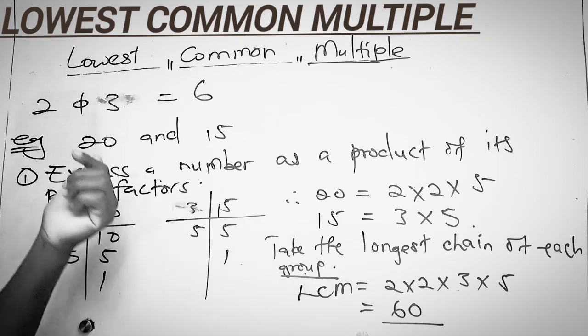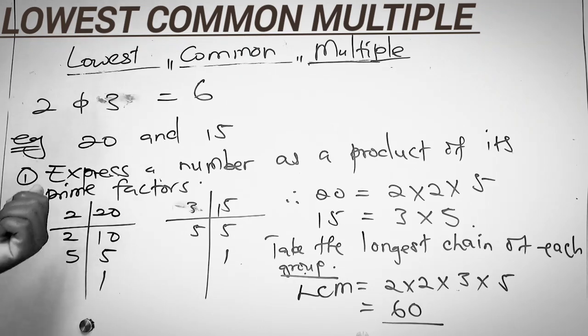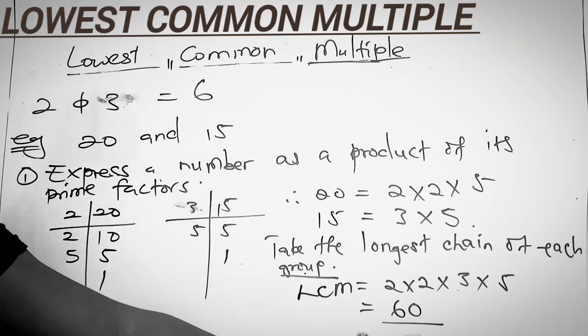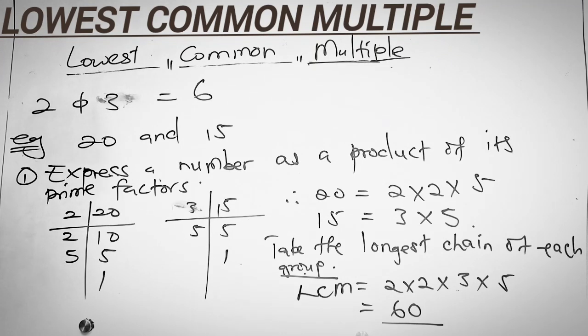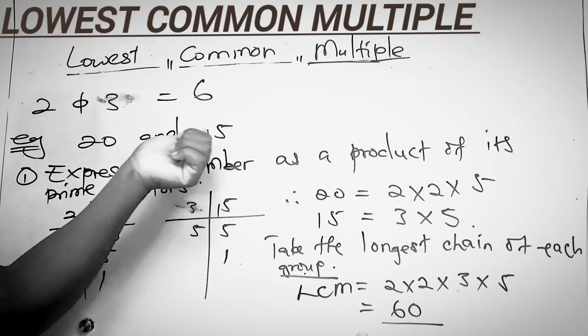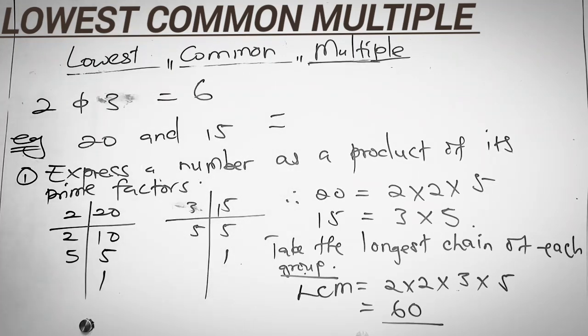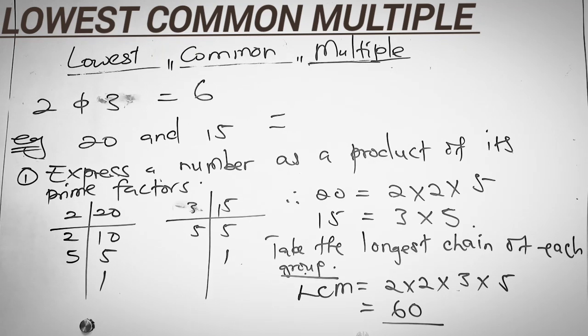This is the lowest multiple that 20 can divide into. So if we say 60 divided by 20, we get 3. 15 can also divide into 60 as well. So this is our lowest common multiple. If we multiply 20 times 15, we get 300.